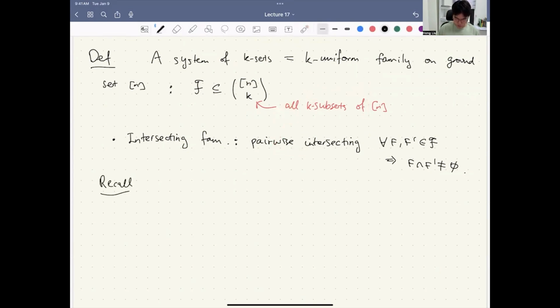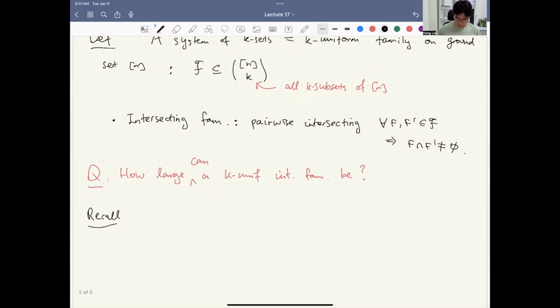Recall the question: how large can a k-uniform intersecting family be?